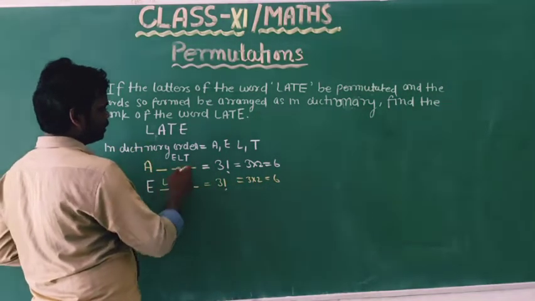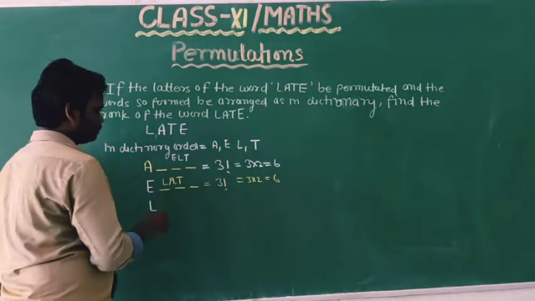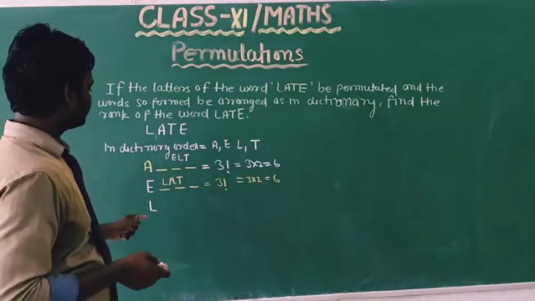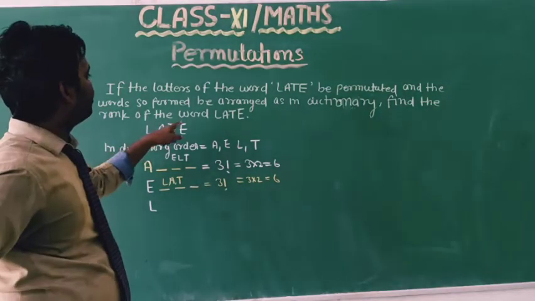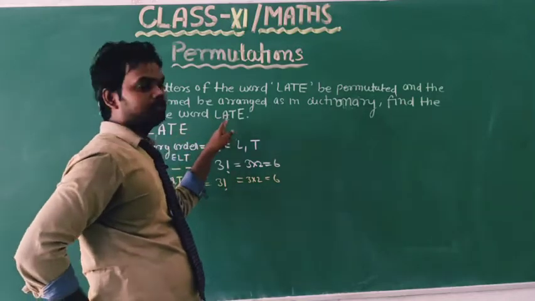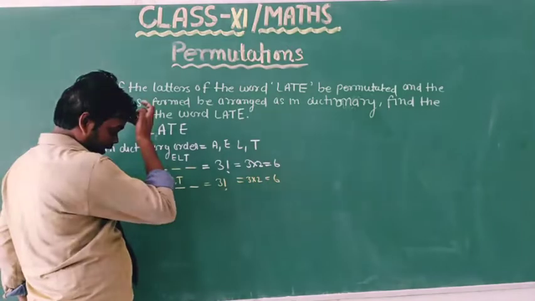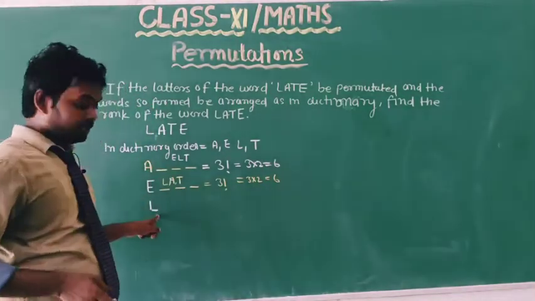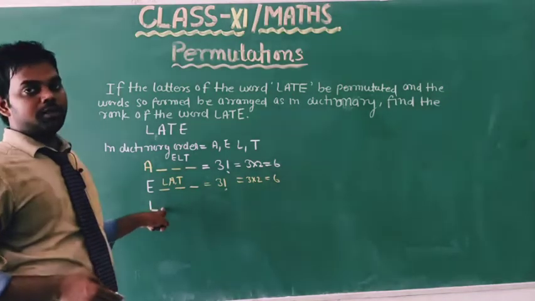After E we fix L, and here L is required in LET because we have to find the rank of the word LET. Here we fix L, and after L we again start with the alphabet.